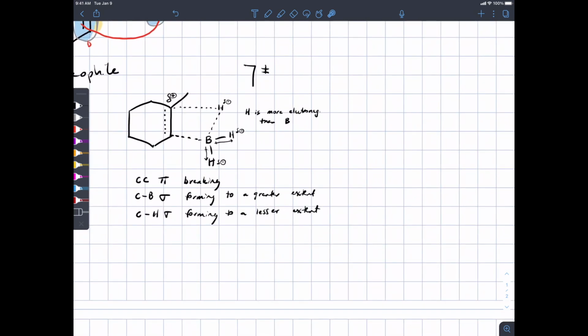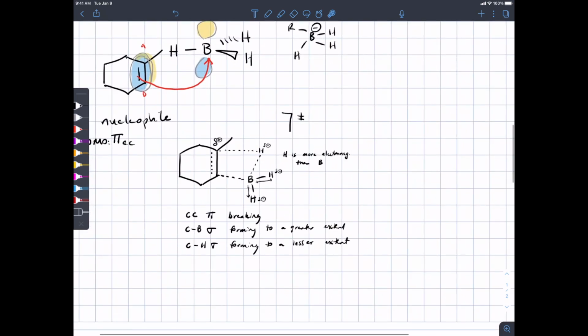Okay, so to complete our mechanism here, we form a new bond between carbon B and boron, and then we form a second bond between hydrogen and carbon. And in terms of mechanism, it basically looks like hydrogen is taking its electrons, leaving, and then attacking carbon A. But realize that this H minus is a terrible leaving group.